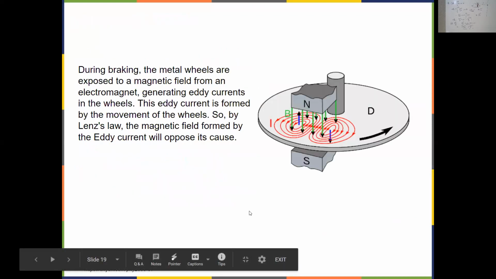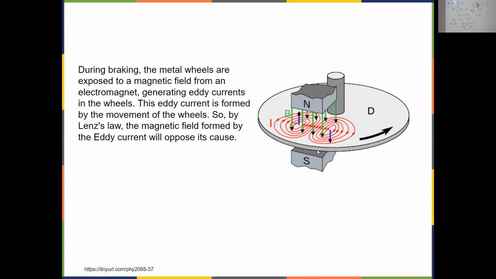One would be the electric brake. When you apply electric brakes, you are applying magnetic fields around this metal drum. You can have coils, and then send current through the coil, so then it will produce a magnetic field.